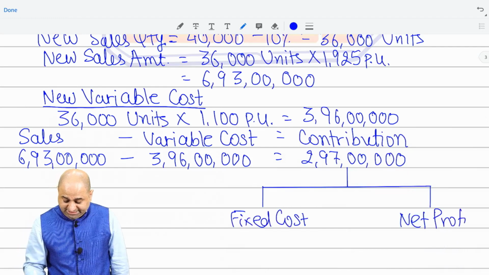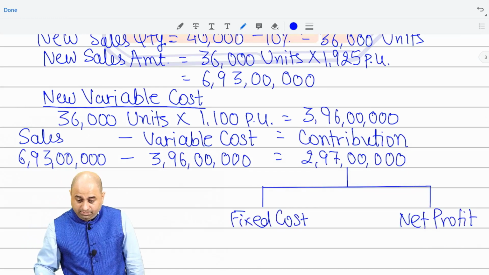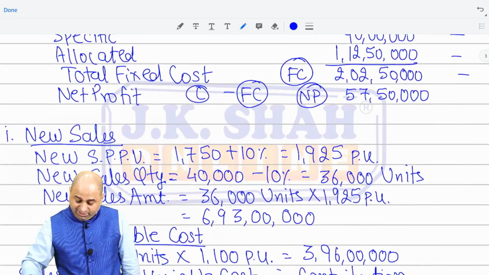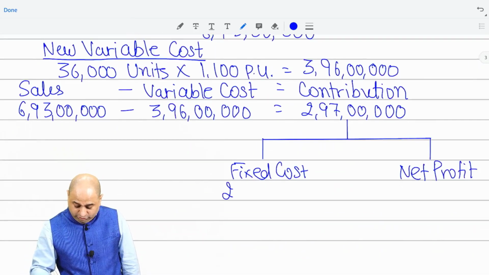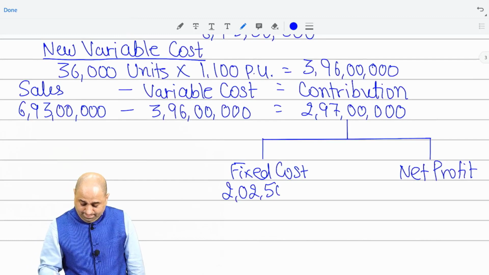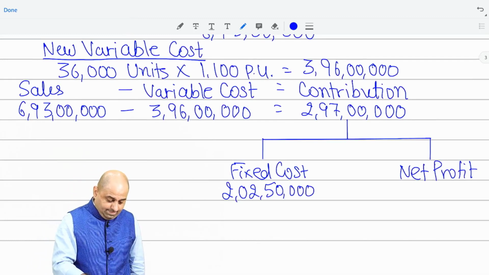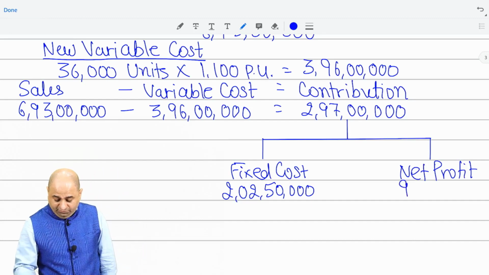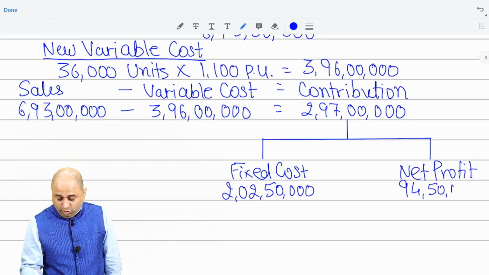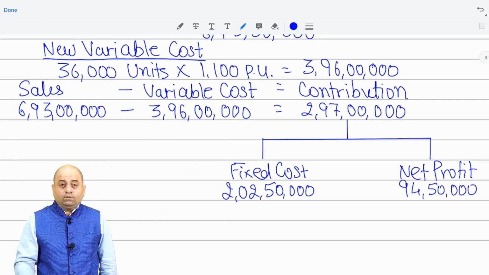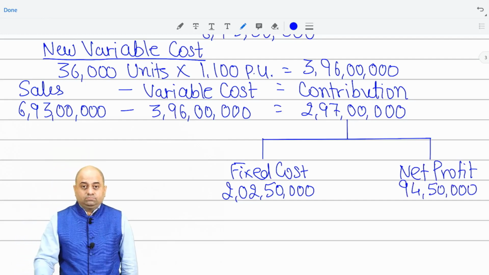Fixed cost will remain the same, total fixed cost which we have already calculated, 2 crore 2 lakhs 50,000. So 94 lakhs 50,000, and that becomes your profit. Simple.